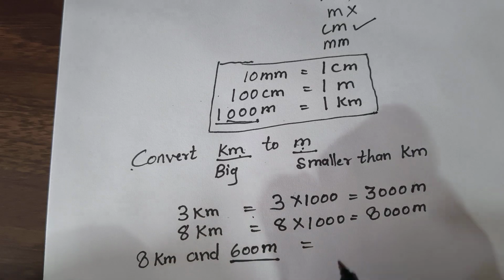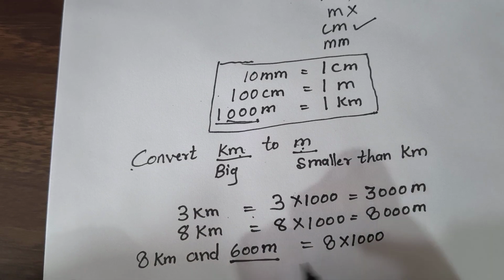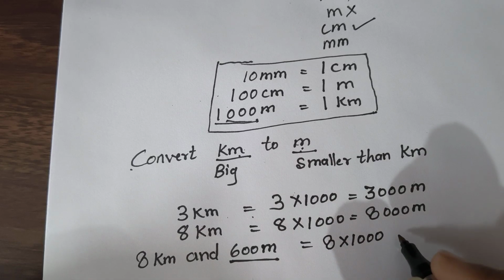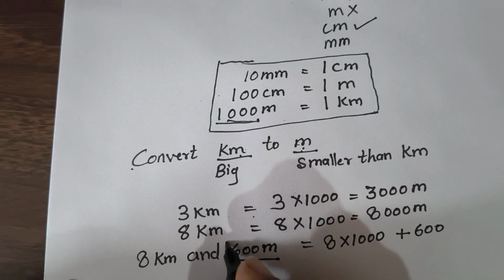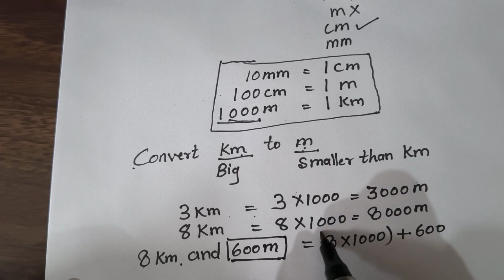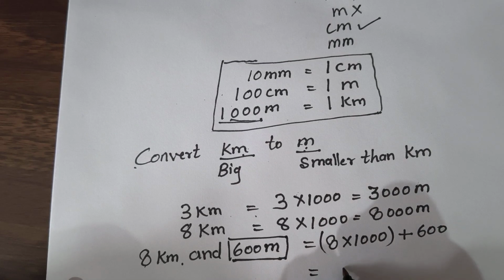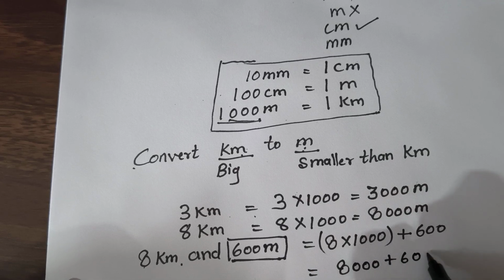You have to convert this. तो आप क्या करेंगे? 8 इंटू 1000. और ये वाला तो ऑलरेडी किस में है? मीटर्स में है. तो इसको तो हमको चेंज करना ही नहीं क्योंकि ये तो मीटर्स में ही है. ये किलोमीटर में है, इसको हमने चेंज कर दिया. तो क्या आएगा हमारा? 8000 प्लस 600.